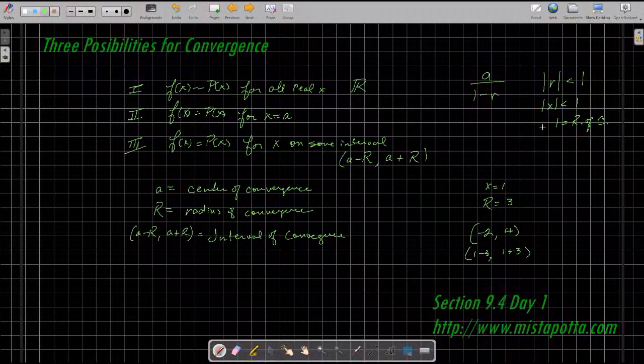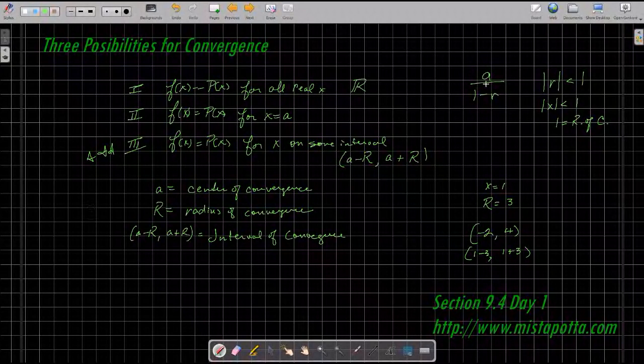So these are my three possibilities for convergence, and we're going to see this happening the most in the situations we'll be dealing with in sections 9.4 and 9.5.